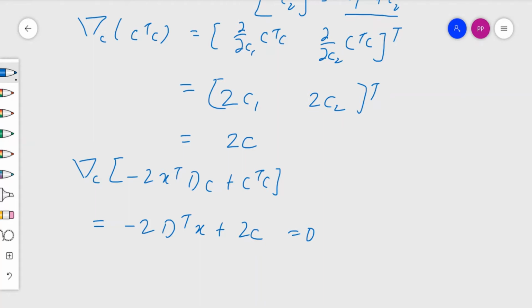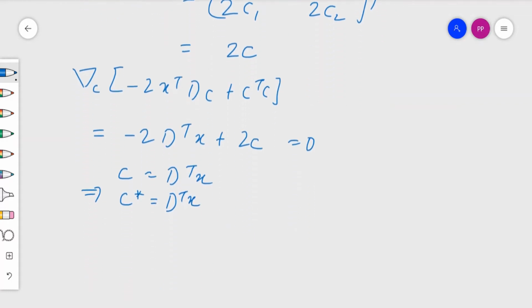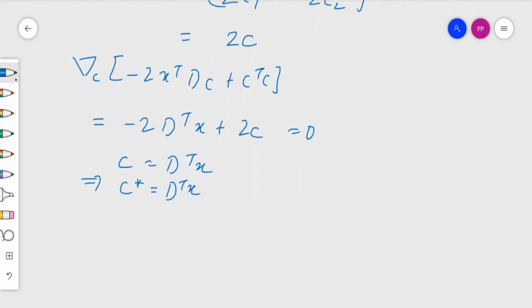So this will give us C equals D transpose x, which implies the optimal value of C is given as D transpose x, and because we have the encoding function f(x), this is equal to D transpose x.